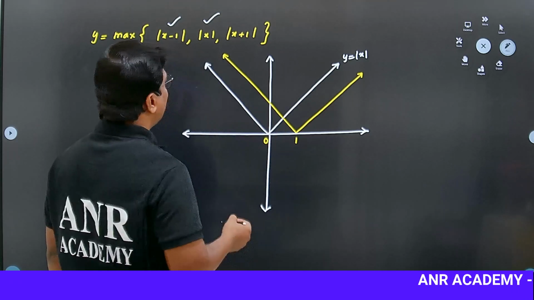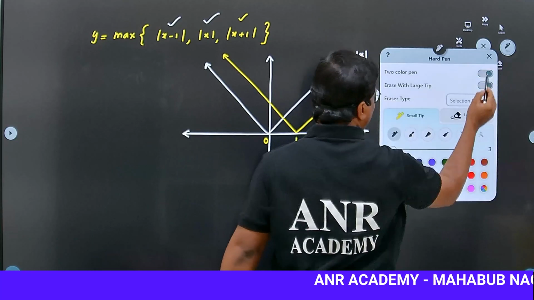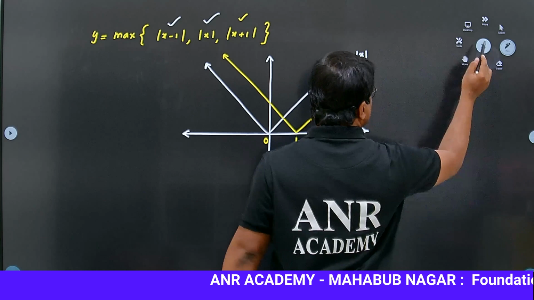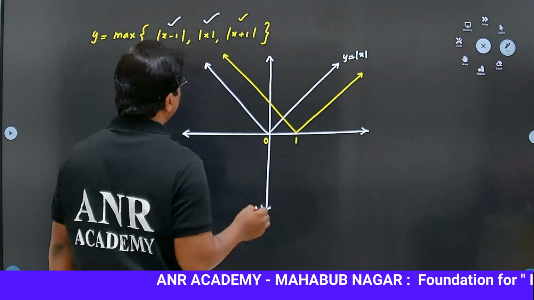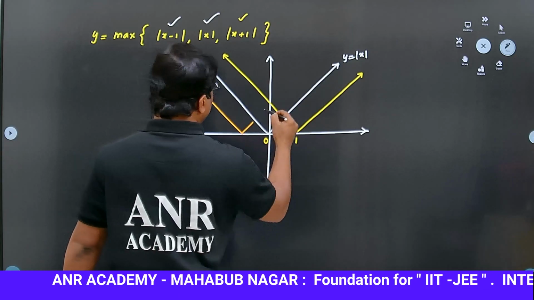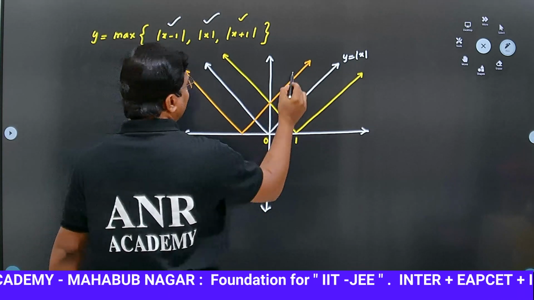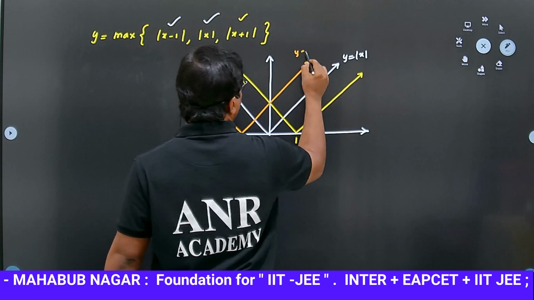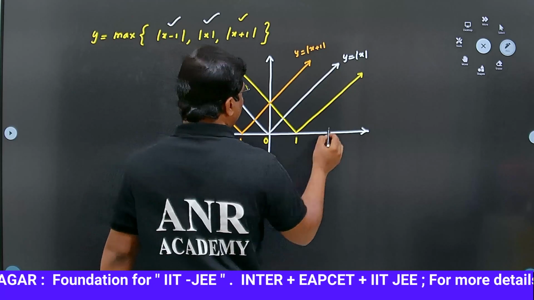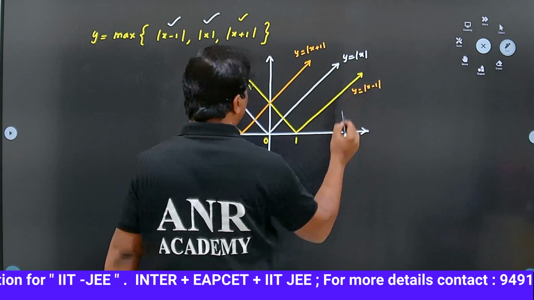Next, the graph of mod x plus 1 has its sharp edge at minus 1. This one is the graph of y equal to mod x plus 1, with sharp edge at minus 1, and this is y equal to mod x minus 1.